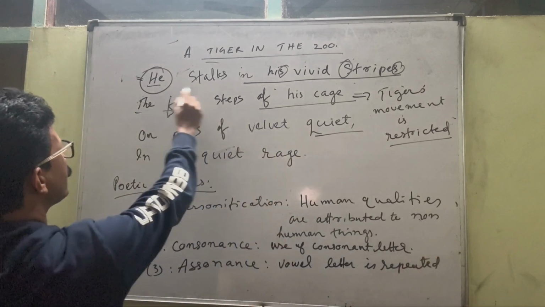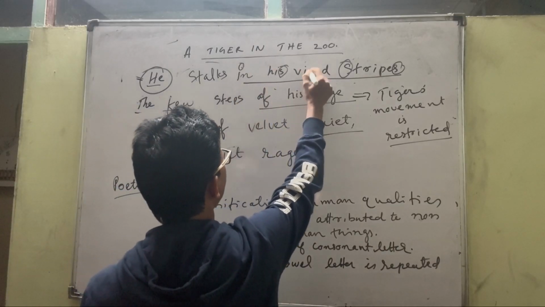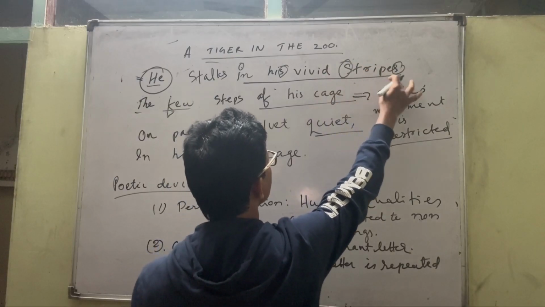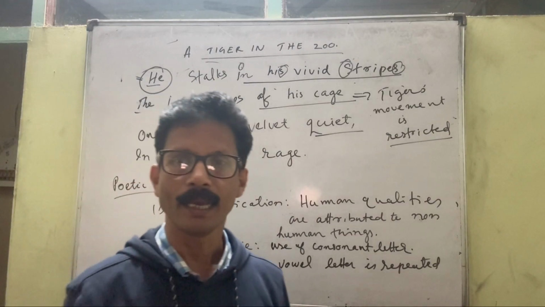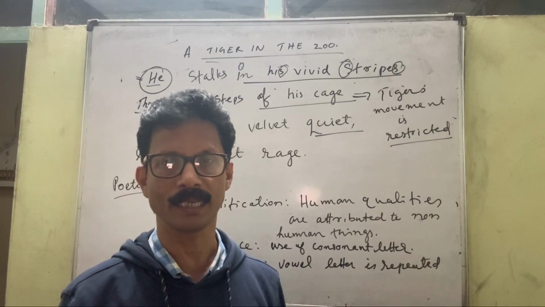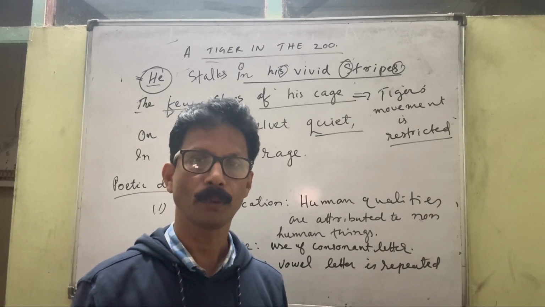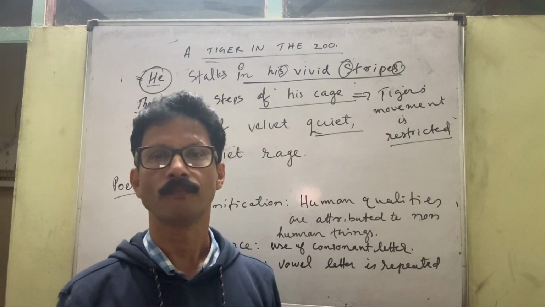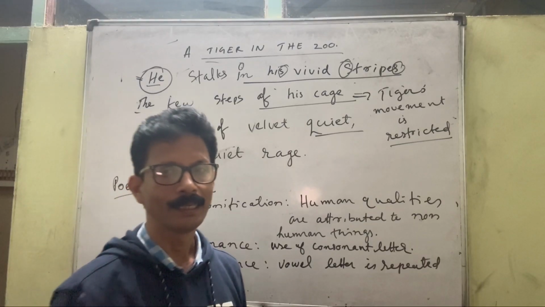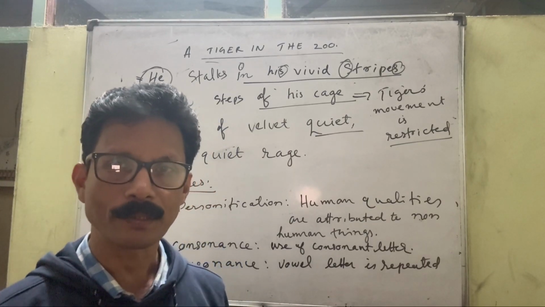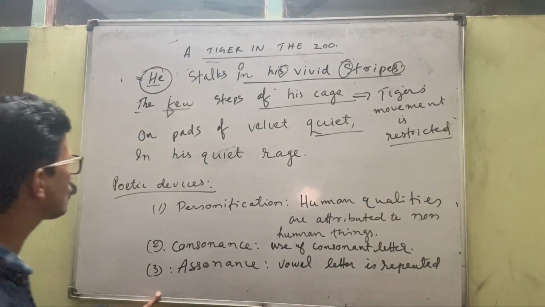You see that? He stalks in his vivid stripes. His, vivid, stripes. So this is another poetic device used here. That is assonance. Assonance means you have the same vowel letter repeated a number of times. So I think you have understood these two.